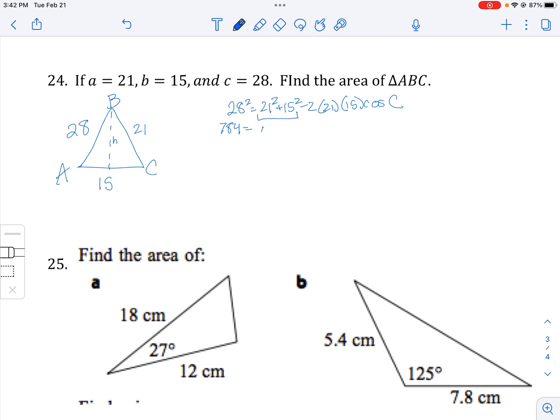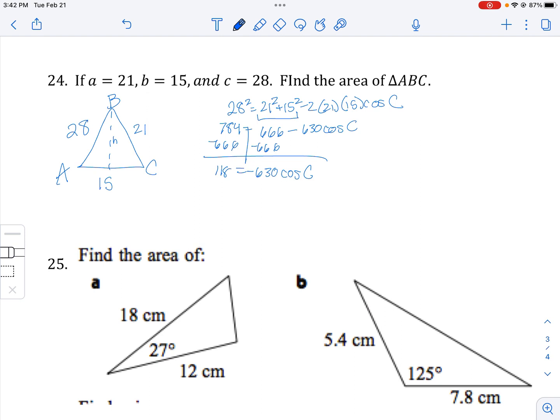So this is 666 minus 630 cosine of C minus 666. 784 minus 666, 118 equals negative 630 cosine of C. So 118 divided by 630.